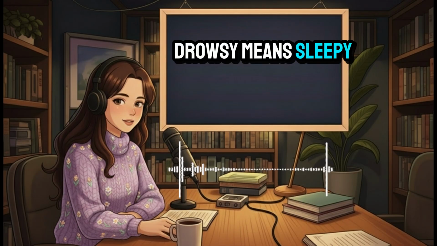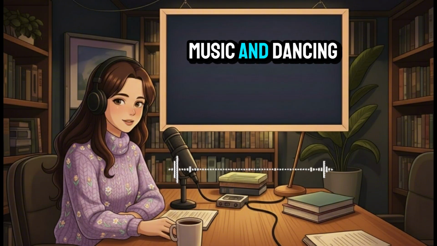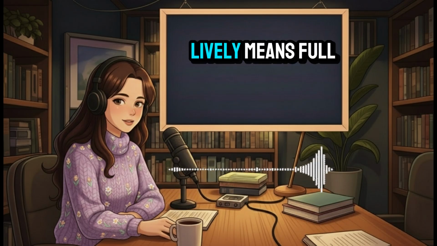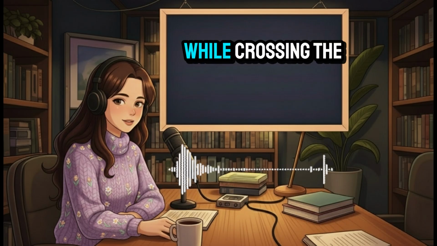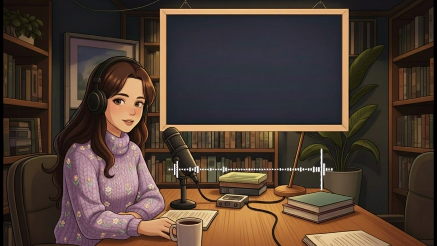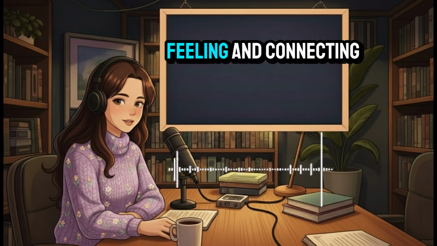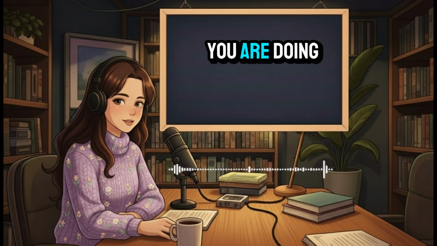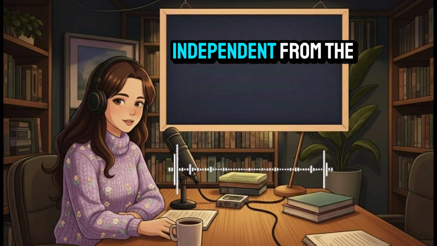Drowsy means sleepy. The party was lively with music and dancing all night. Lively means full of energy. She was cautious while crossing the busy street. Cautious means careful. By repeating, feeling, and connecting, you are doing real vocabulary training that makes you independent from the dictionary.